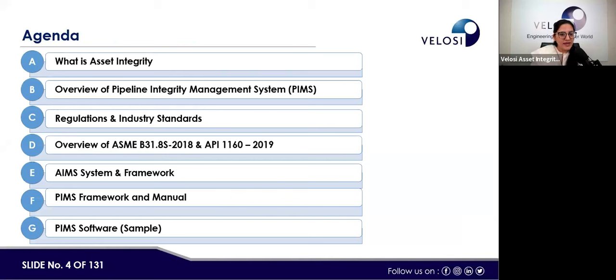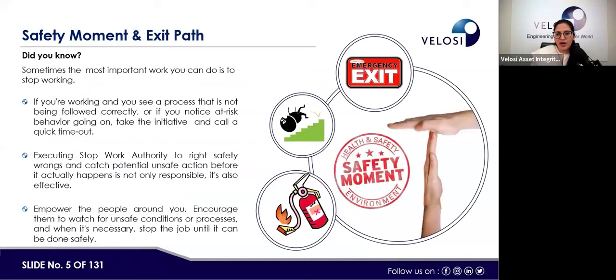Then we will cover the AIMS system and framework, PIMS framework and manual, and a PIMS software sample. In this limited 2 hours, we request you all to follow along with us and keep asking questions to help us make this session as engaging as possible.